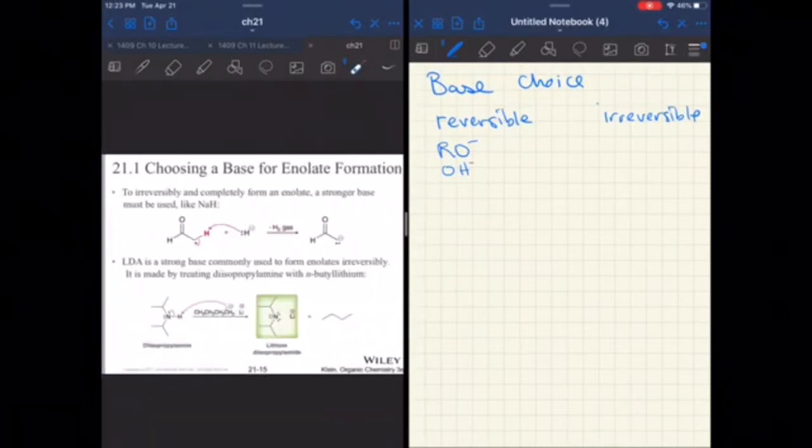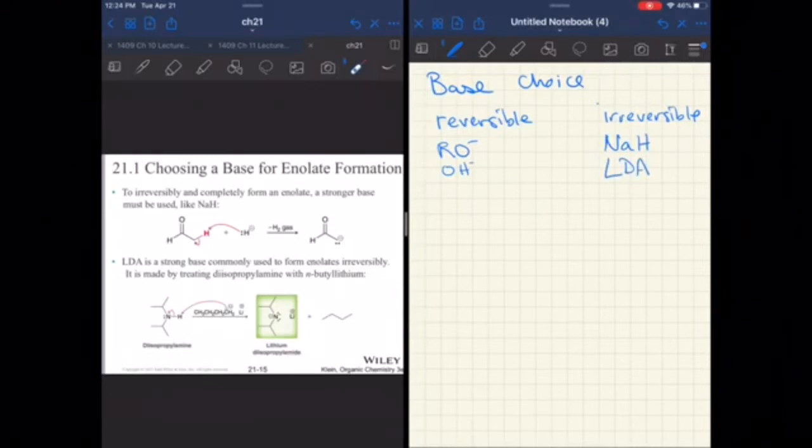There's also, you can use a stronger base that's only going to move in the forward direction. Any hydride, and so we're going to use sodium hydride, is going to fall into this category. We're also going to look at LDA here in a moment.